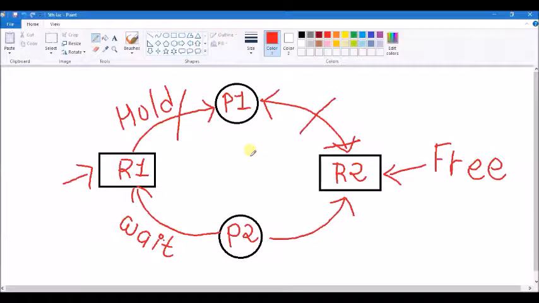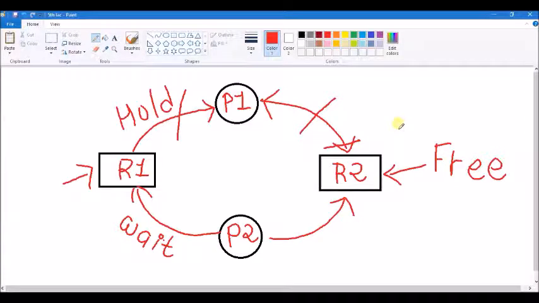So Banker's algorithm finds that granting this request will never lead our system to deadlock. So Banker's algorithm will allocate resource R2 to process P1. This is how Banker's algorithm avoids deadlock in our system.